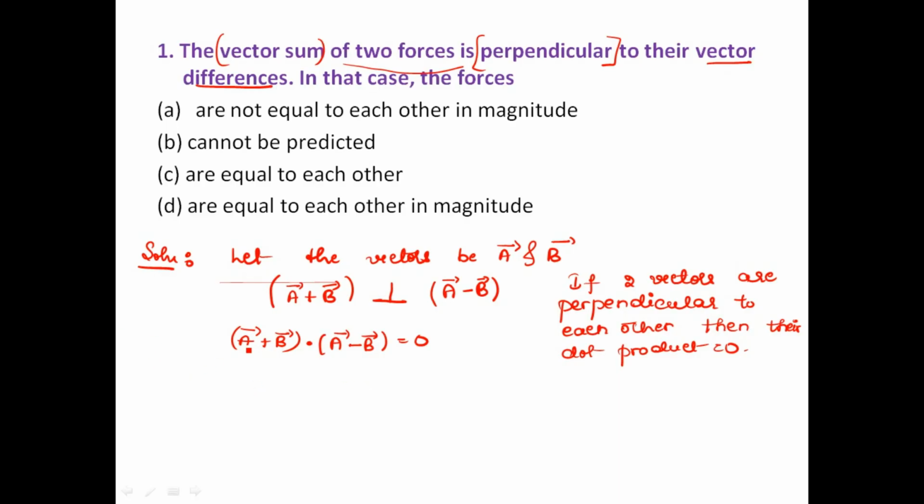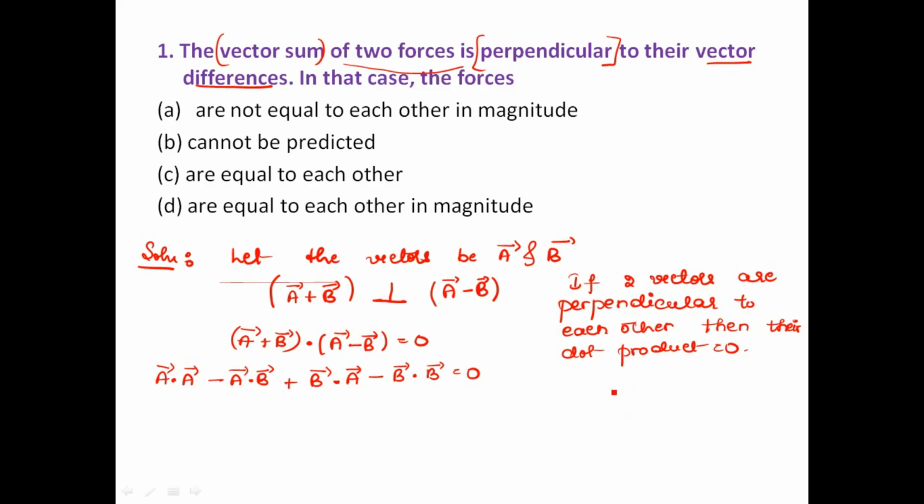On multiplication, I multiply vector A to both the terms over here. I'll get vector A dot vector A minus vector A dot vector B plus vector B dot vector A minus vector B dot vector B is equal to 0.